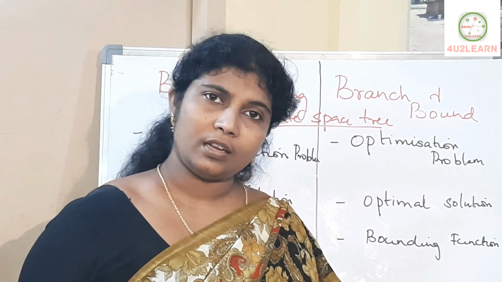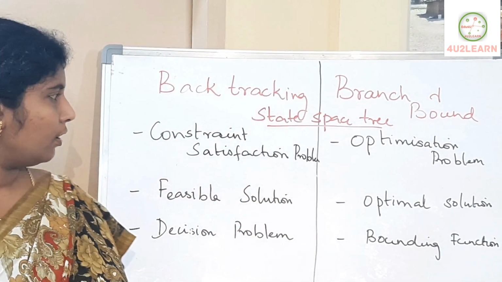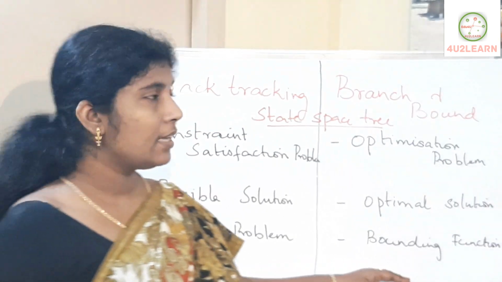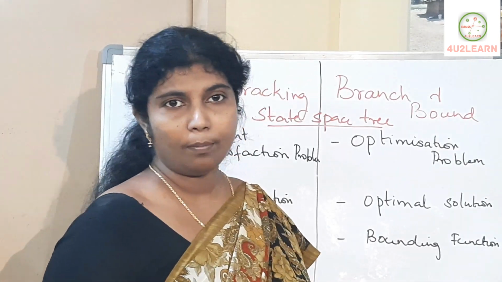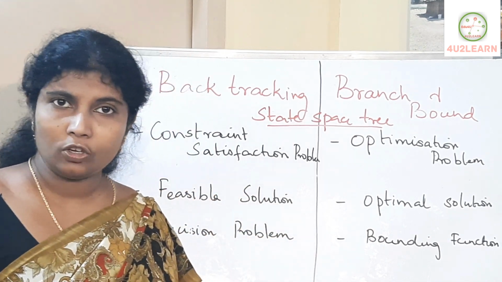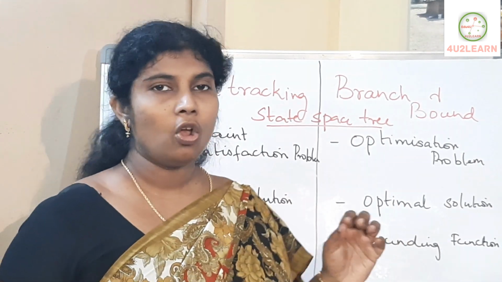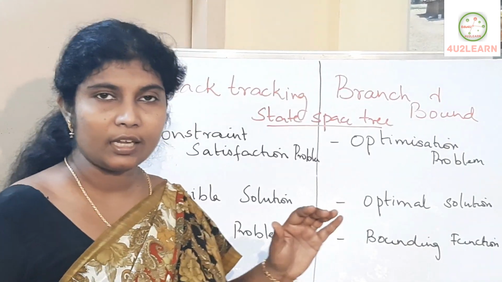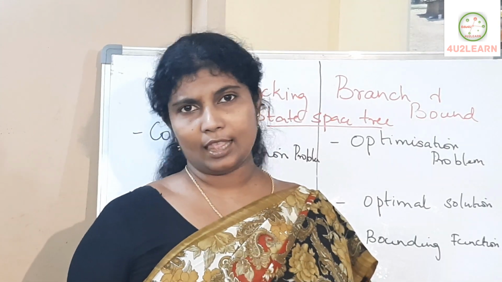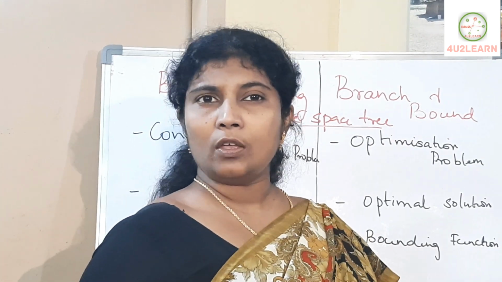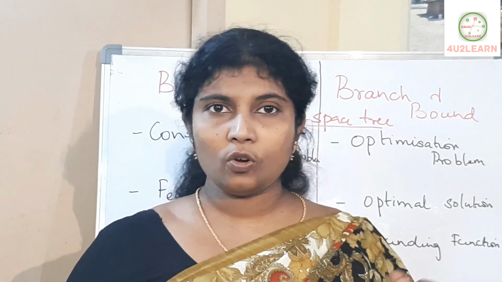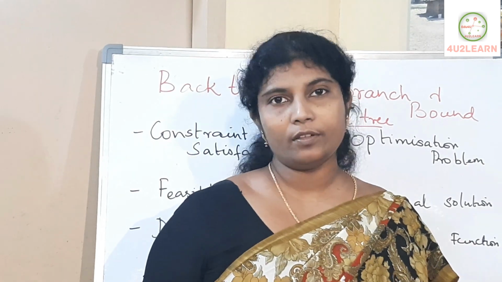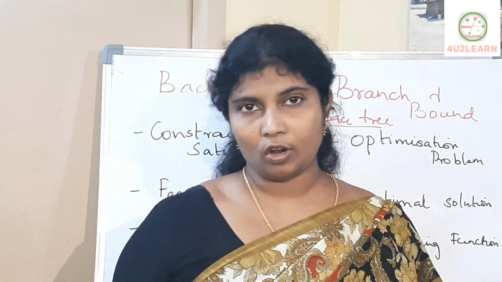Here it is getting a solution for each case, whereas in branch and bound, it is with respect to maximization or minimization, that is, a bounding factor is influencing it. These two design techniques are more applicable for complex problems.